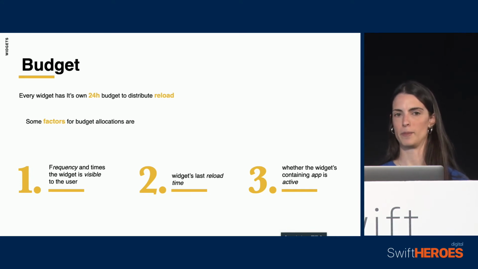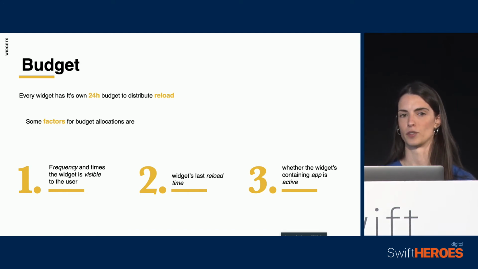After that learning period, the system has to distribute the reloads based on some factors. The first one is the frequency and the times the user sees the widget. In fact, if the widget is on the last screen of the home, the system can decide to reduce the reloads and reload the view just when the user sees it.